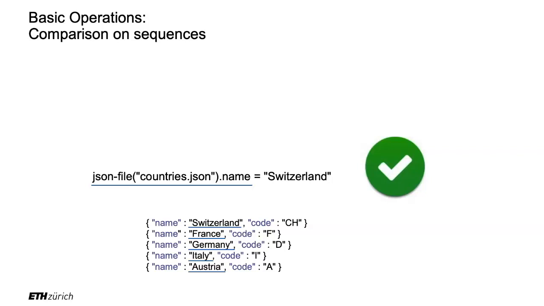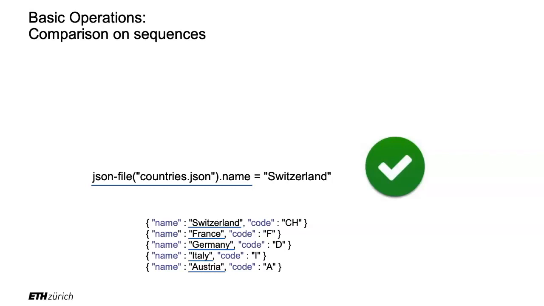All you need to do is JSON file blah, blah, blah, dot name. It's going to return a sequence of 200 strings. In that case, there's not billions of countries, of course, but 200 strings. And equals Switzerland is just going to return true if at least one of them is Switzerland. And that's the case here in the example, right? Because Switzerland, the first one, matches. So this is true. Does that make sense? Okay. This is only a convenience.